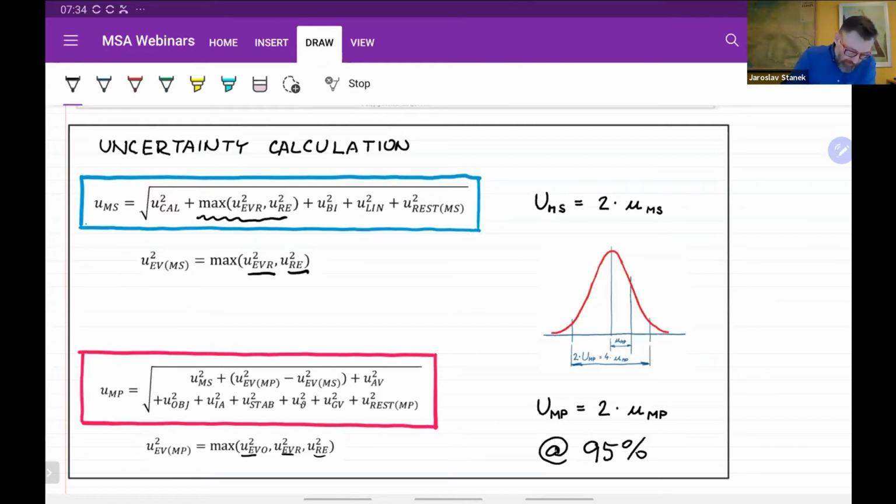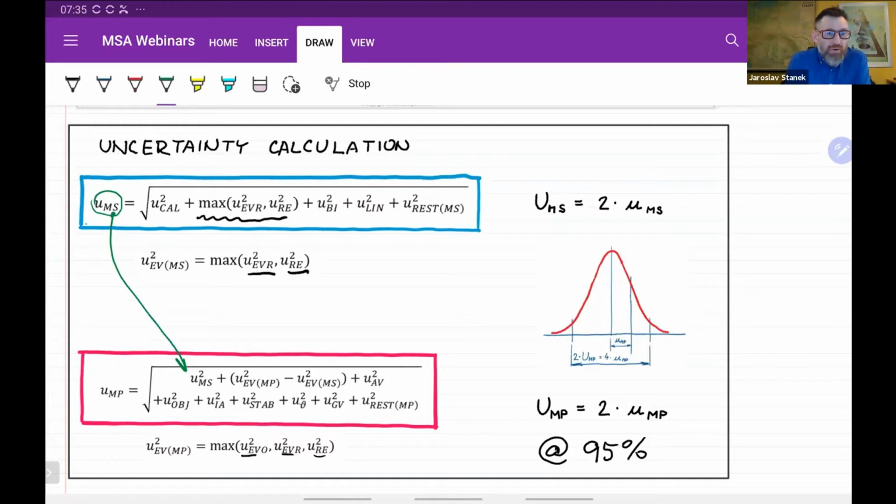Another trick worth noting is that the uncertainty of the measurement system comes down into this formula, which is saying, in other words, the measurement system uncertainty is one of the uncertainties of the measuring process.